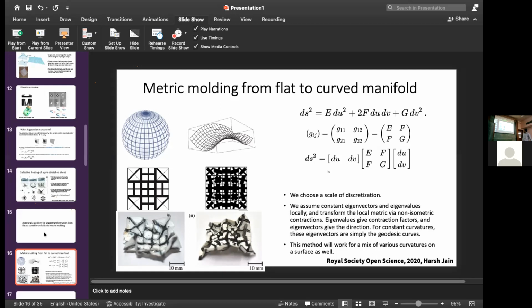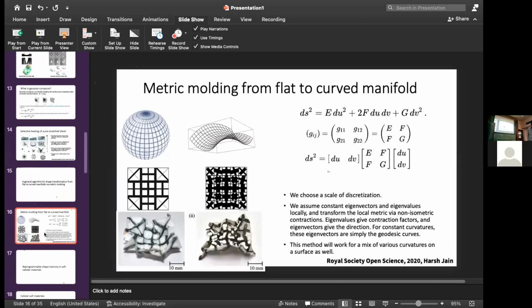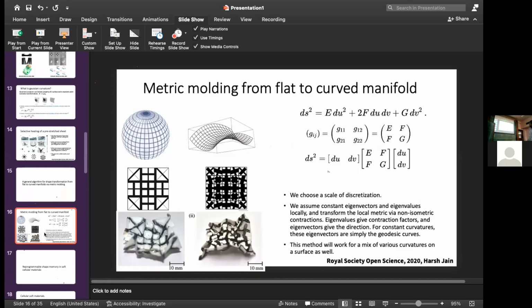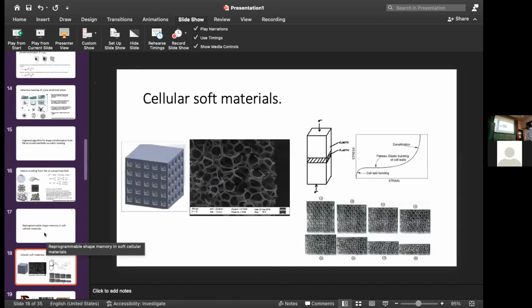So this is one project in which we tried to give a general algorithm for creating any shape from flat sheets. So now let me talk about another project that I did.